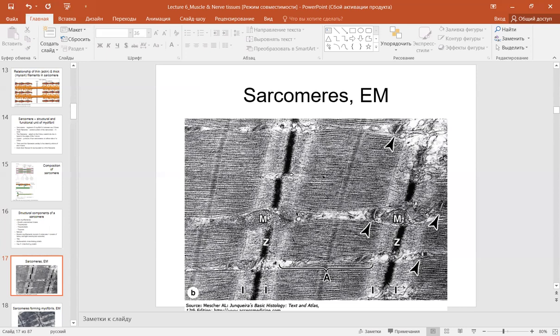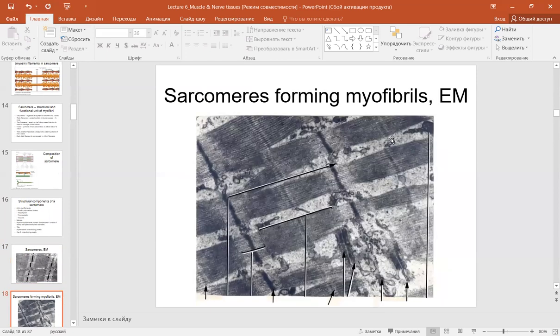Mitochondria is visible, and tubulus transversum is visible. We'll discuss a little bit later what is the responsibility of tubulus transversum, T-tubule.